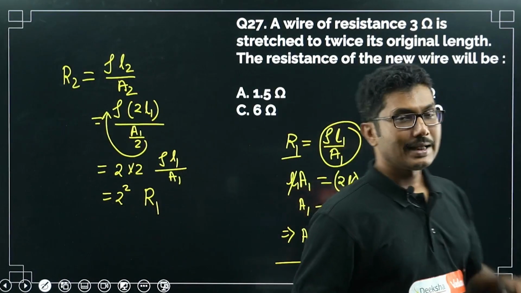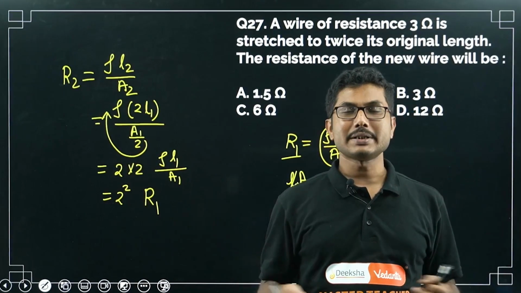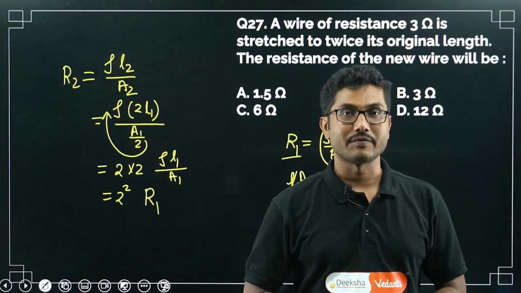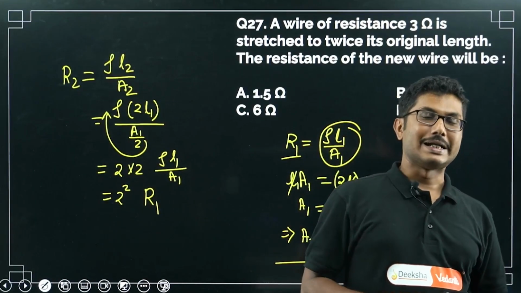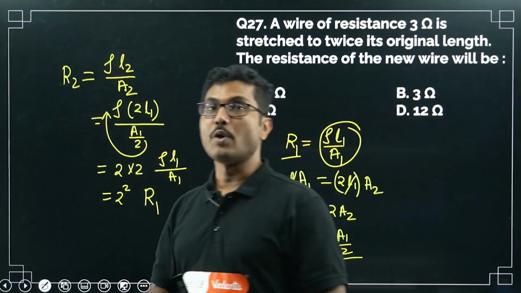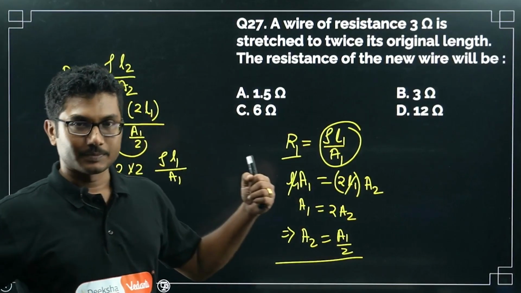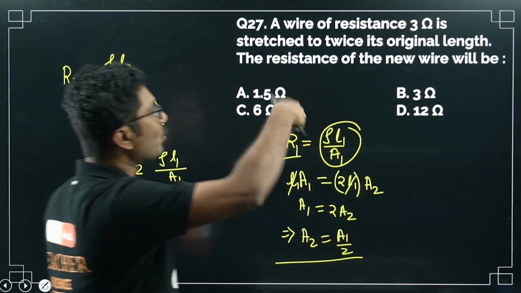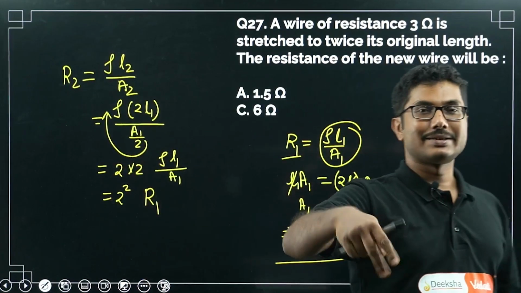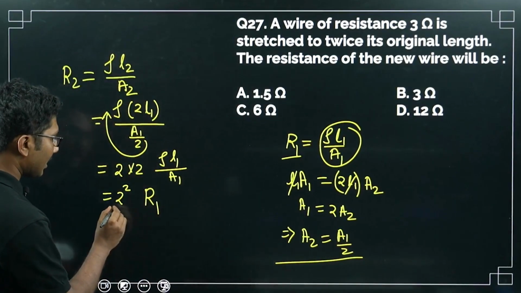Why have I written this in terms of 2 square? Because in case instead of twice, it says the wire is compressed such that its length becomes half, or it is stretched so that its length becomes 4 times, or 5 times. If the length increases by a number of times, twice, thrice, 5 times, that number will come here as a square.